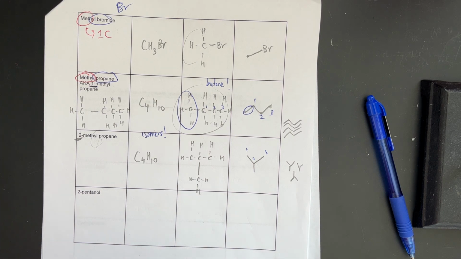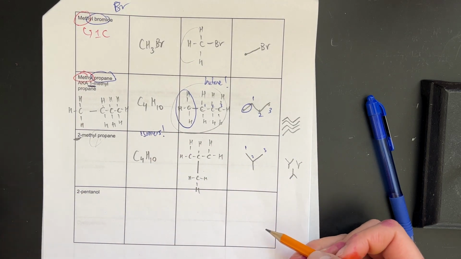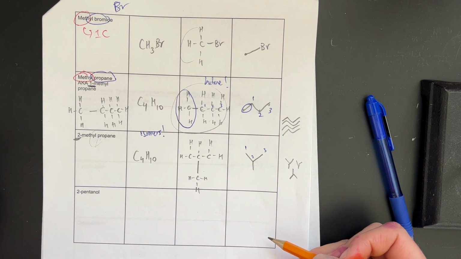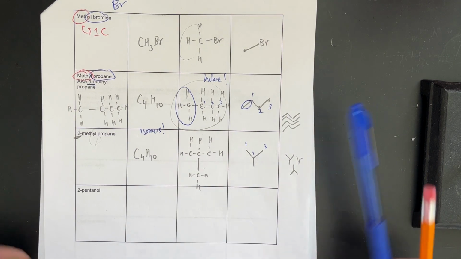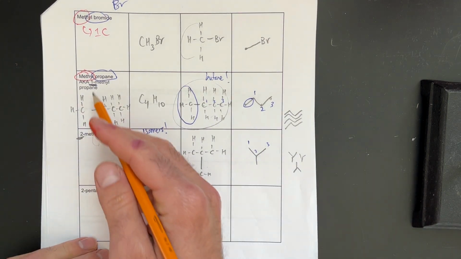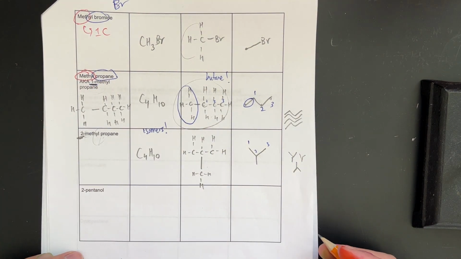And as a result, they have very different boiling points. This is actually very important. These are isomers of one another. They have the same formula, but they look very different, and as a result, they have very different properties. So, isomers, interesting. If we use this naming convention, we can distinguish between them.